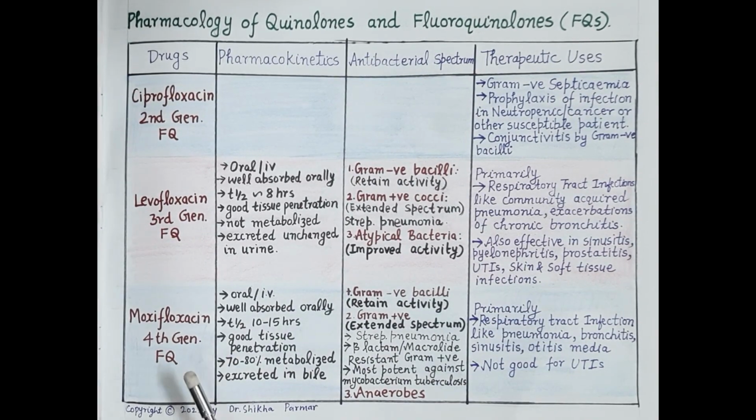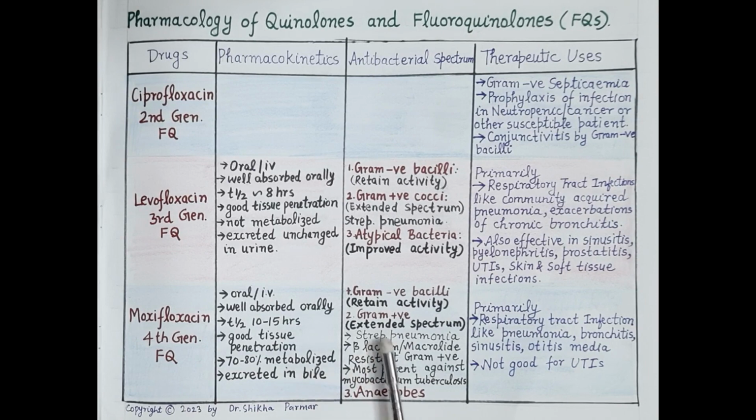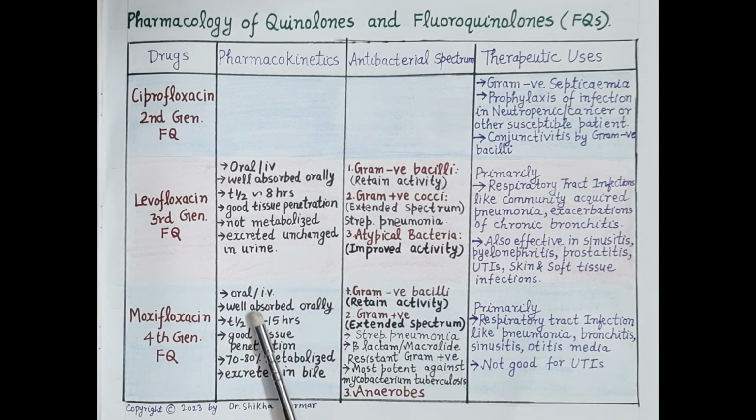Now, the next antibiotic is moxifloxacin. Moxifloxacin is a fourth generation fluoroquinolone, and in comparison to other generations, moxifloxacin has the highest activity against gram-positive bacteria. Now, moxifloxacin can be given orally or IV. It is well absorbed when given orally.